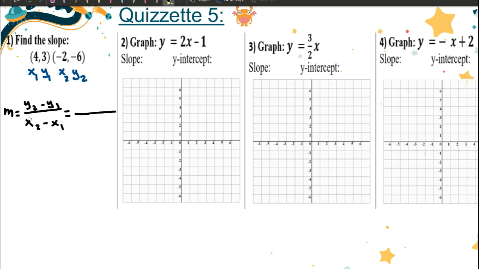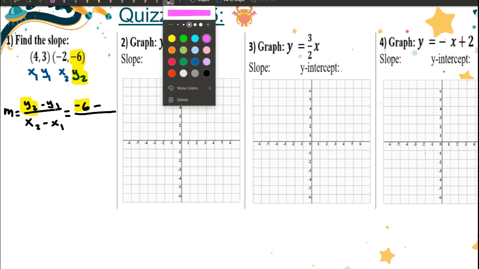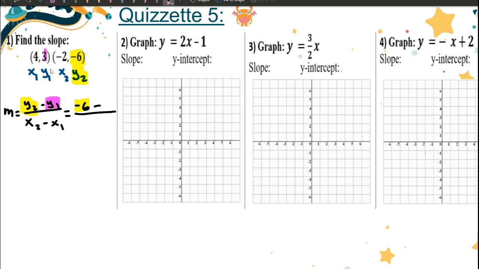So what is your y2? Based on our label, y2 is -6, minus y1, which is 3.